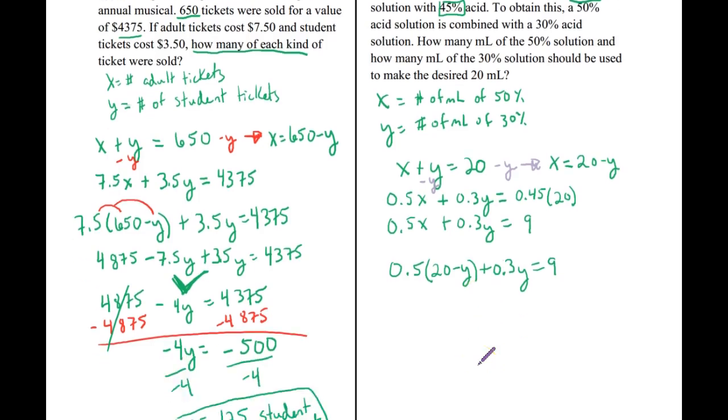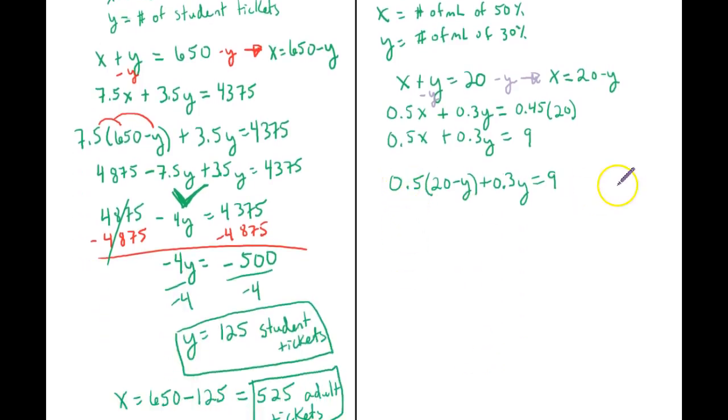Once I have one equation with one variable, I can solve it for that variable. I'm going to start by distributing. 0.5 times 20, well, that's the same thing, it's just half of 20, which is 10, and 0.5 times negative y is negative 0.5y.